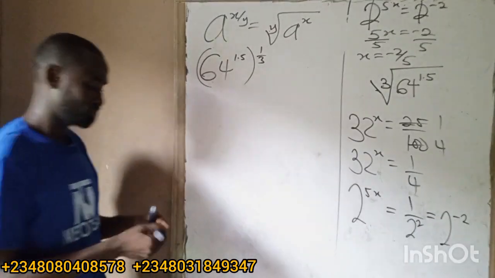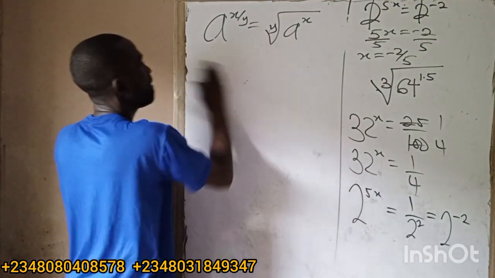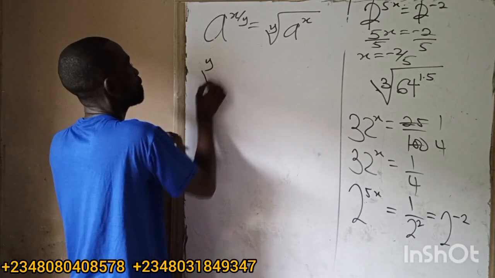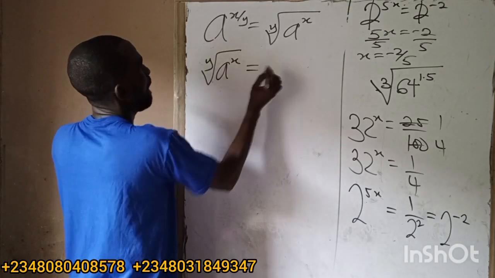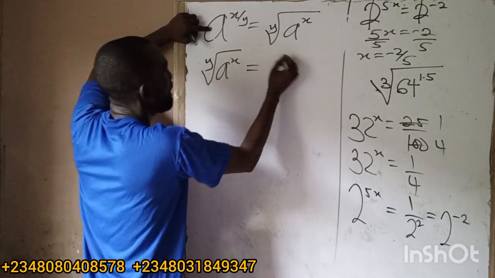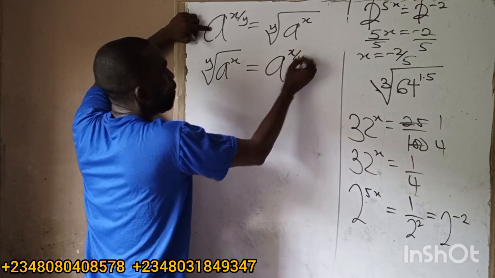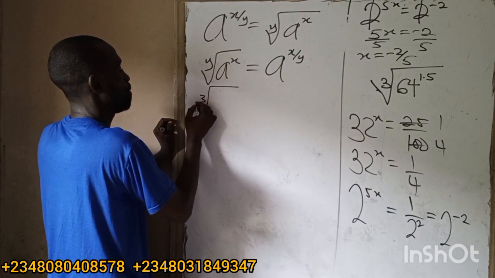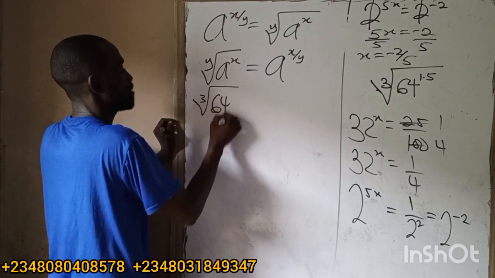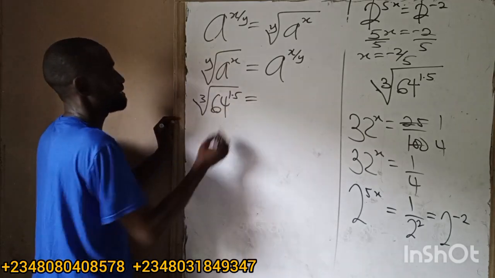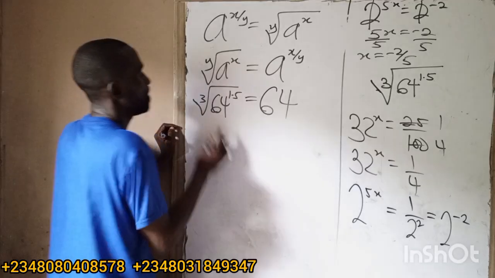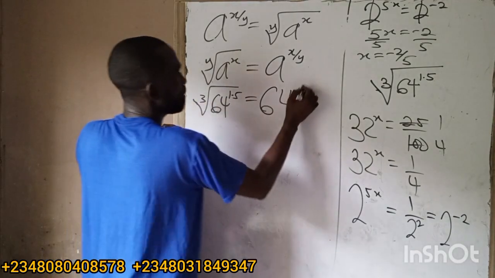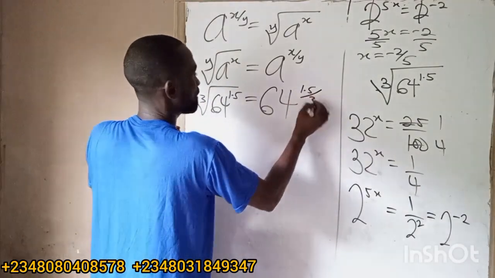Look at this. I have y-th root of a raised to power x. Our answer becomes a raised to power x over y. So if I have cube root of 64 raised to power 1.5, you see me saying 64 raised to power x is 1.5, over 3.